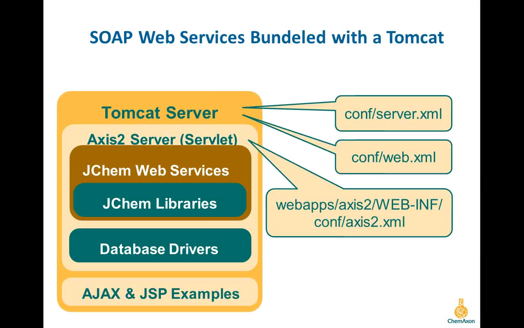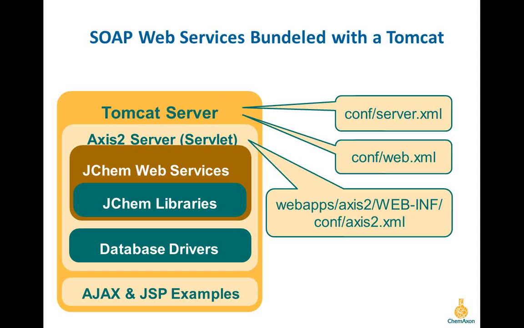Okay, let's see the SOAP examples. Let me talk first a bit about the structure of the SOAP web services, this classic web services. When you download the bundle, it's technically a Tomcat, which has a web service container, which contains our JChem Web Services.